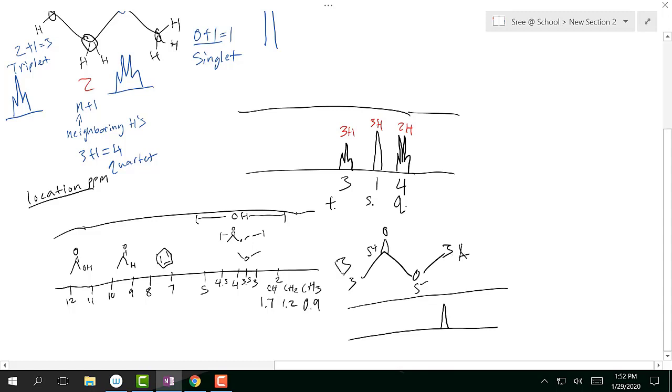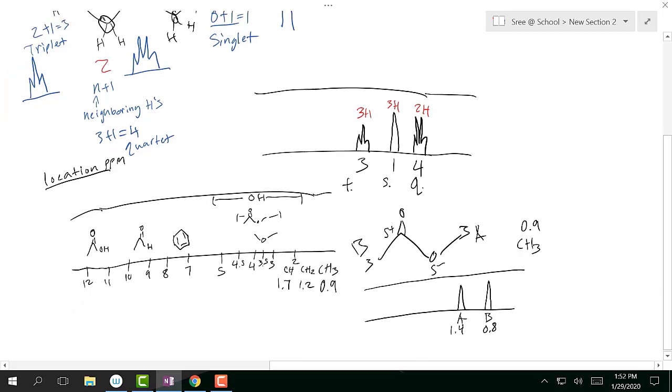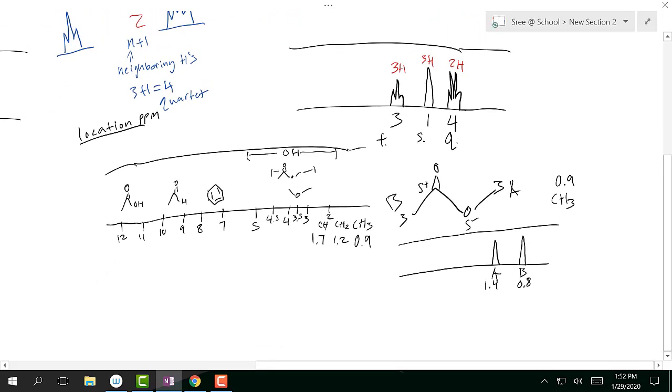Even though they're both methyls, even though they're both CH3, that should be 0.9. B could be like 0.8, and A could be like 4. Okay, so again, these numbers aren't exact because everything gets de-shielded or shielded by something else on the compound.